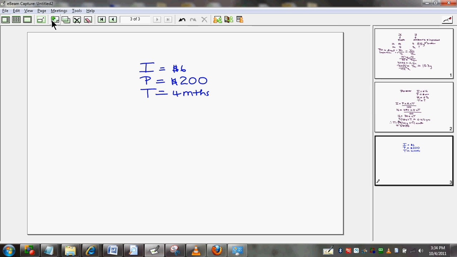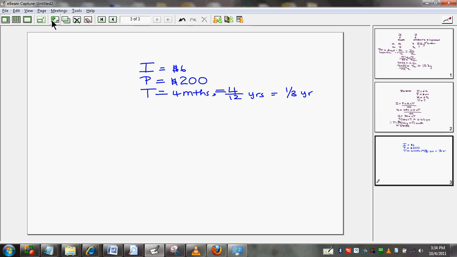But remember, in these questions, time is not in months, it is in years. So I'd have to convert the 4 months to years by saying 4 over 12 years, which is a third of a year.